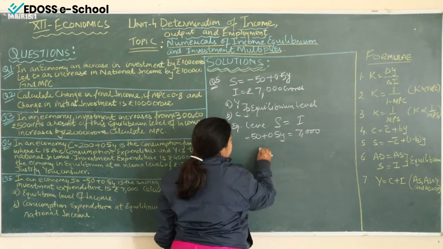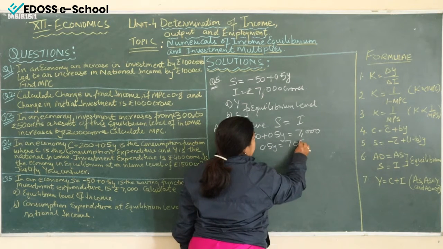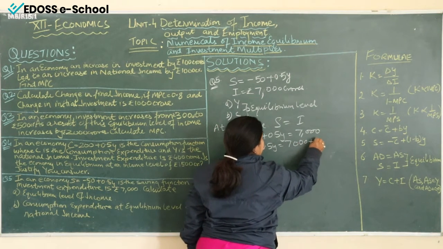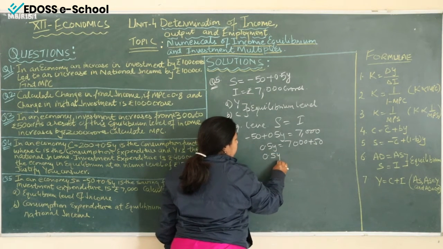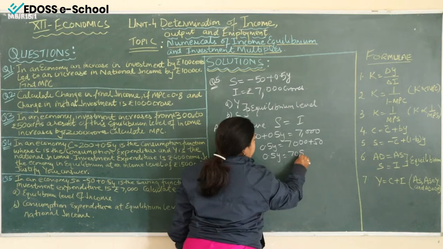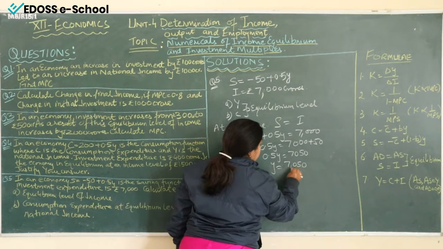This will go to the other side. So 0.5y is equal to 7000 plus 50. So 0.5y is equal to 7050. Then y is equal to 7050 upon 0.5.